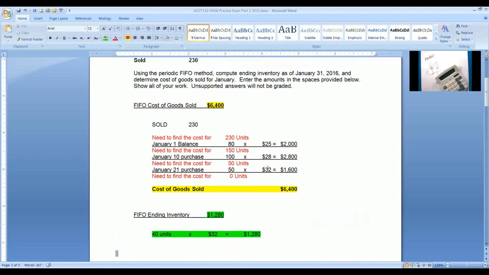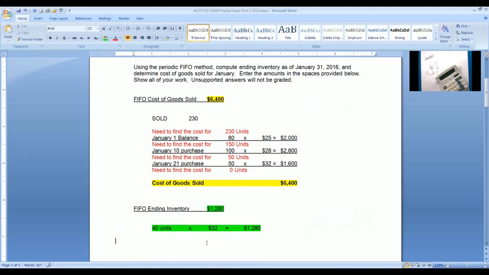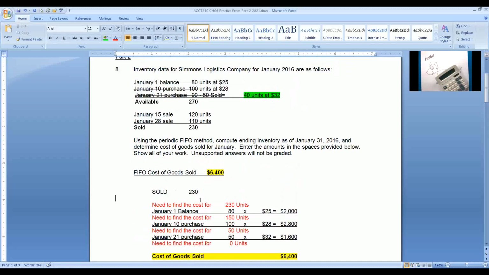Yeah, so these are what were sold, and the FIFO relates to the cost of goods sold, not the ending inventory. The ending inventory is what was not sold.